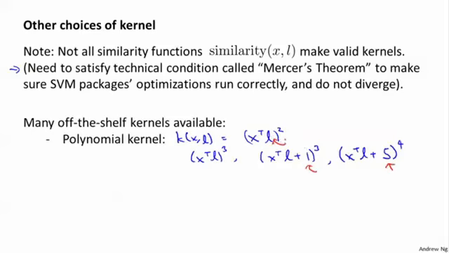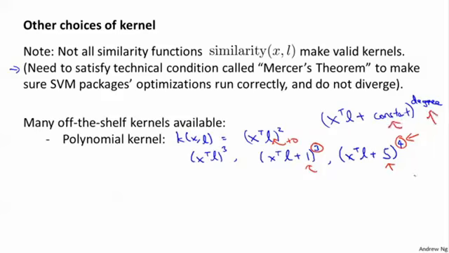As well as what's the degree of the polynomial. So the degree, the power, and this number. So the more general form of the polynomial kernel is X transpose L plus some constant, and then to some degree in the exponent. And so both of these are parameters for the polynomial kernel.